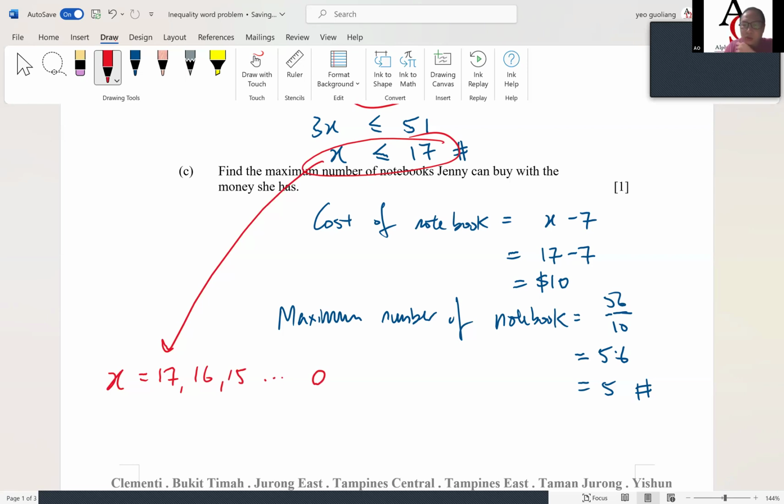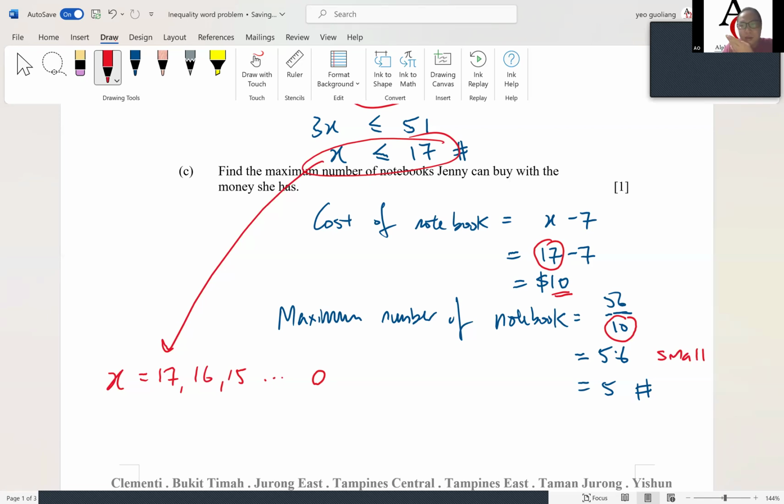And if I use 17 as the number, the cost of one notebook is $10, which logically is quite expensive, right? So what do you think? If my denominator is big, then the overall answer is not going to be very big. It's going to be small. So do you think 17 is a good number to play with?